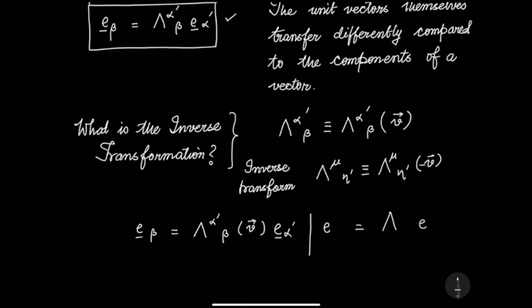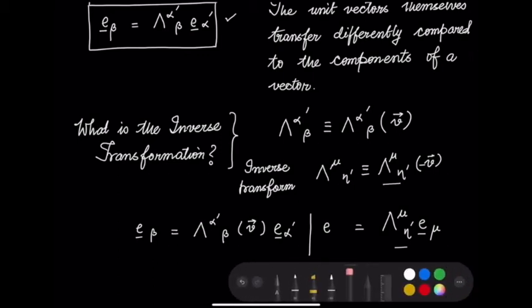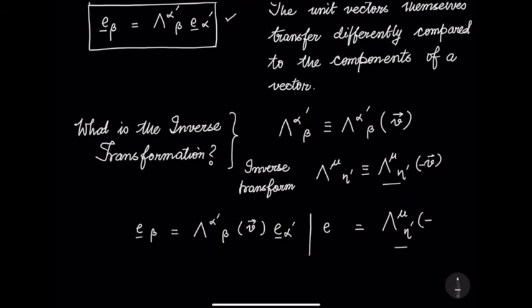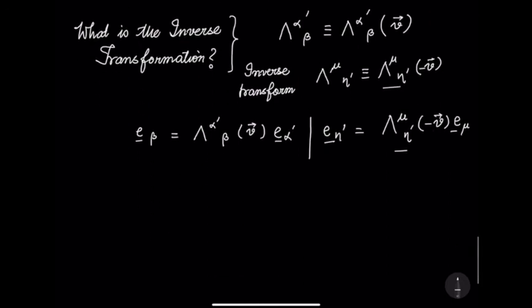The only thing is that the right hand side coordinates will now be unprimed, so I call it mu. I will have a mu here and say eta here, and that eta will be primed. So this is exactly what I have here. And again, let me put in the velocity explicitly. This will be a function of minus v, and let me put back the e mu, and this is e eta prime, right? So these are the two transformation rules.